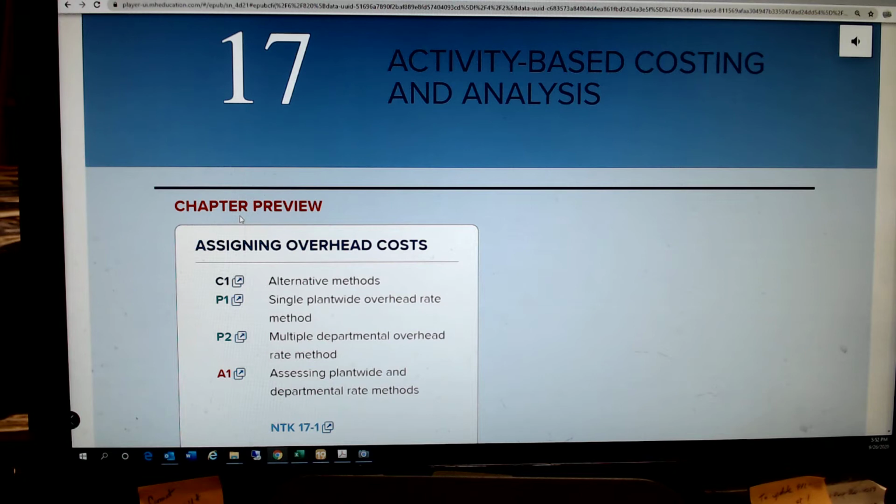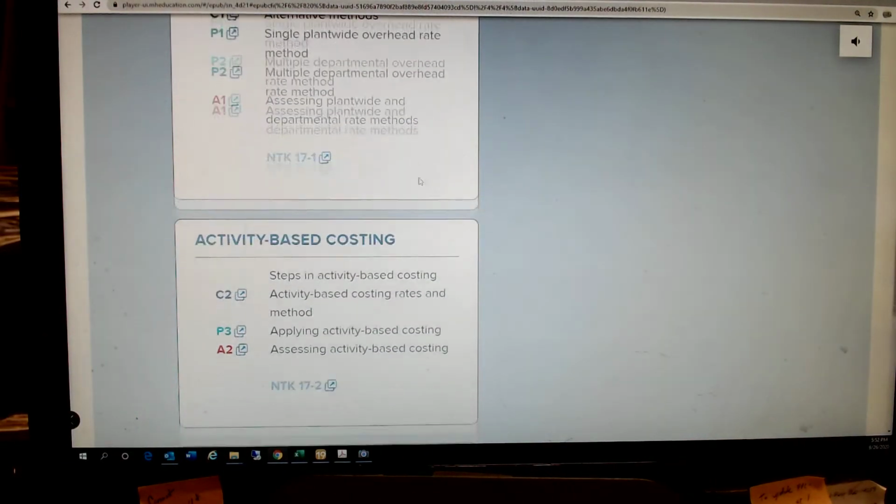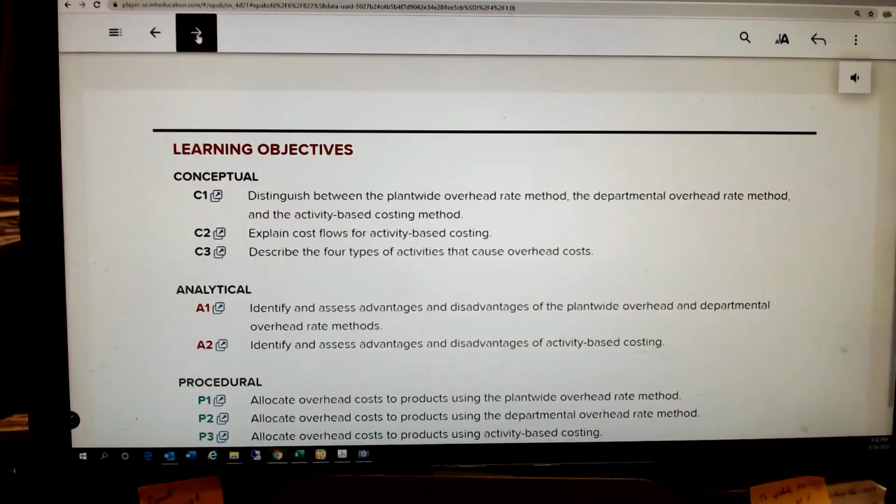So if we have 6 departments, then we're going to allocate the entire factory overhead to those 6 departments, come up with an application rate for each department, and then charge out products based on how much they utilize that particular department. So if a product does not go through Department A, it will not get charged any of A. And that's what this chapter is all about. So what do we have to look for? Let's see here.